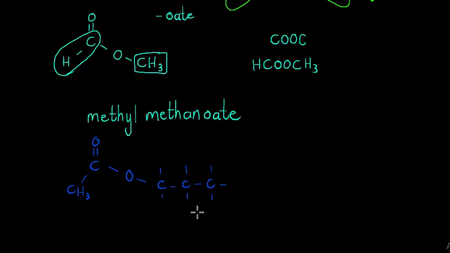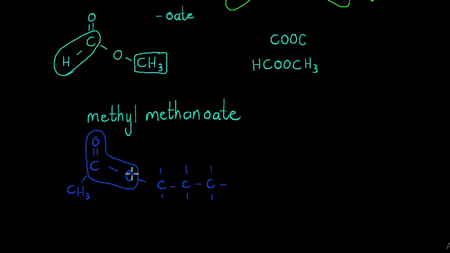I'm not going to write in the hydrogens, I'm going to simply name this one. So notice that these are all hydrogens. We first need to find our ester functional group. This tells me it's an ester functional group.